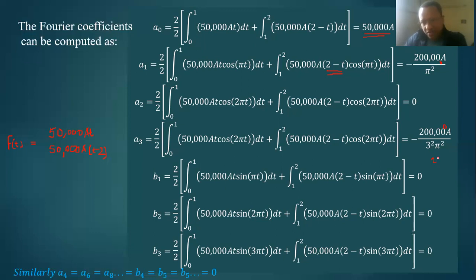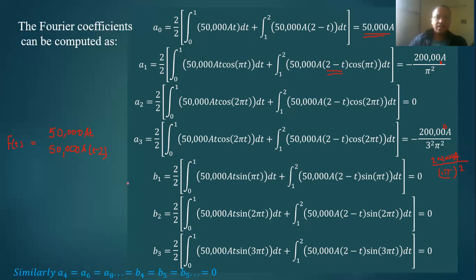So for the odd terms of i, it is 200,000 A over i square pi square, the whole representation. For the even terms of i, it is 0 here.